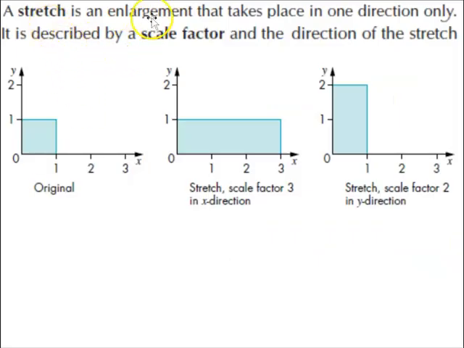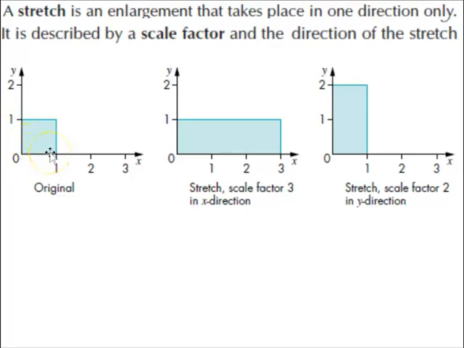A stretch is an enlargement that takes place in one direction only. It is described by a scale factor and the direction of the stretch. Just take this square for the moment, not a quadratic or cubic graph, to see what's happening with the stretch. We have 1 unit by 1 unit, length by width.